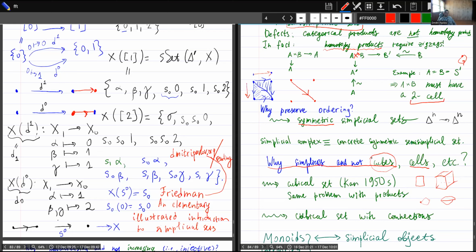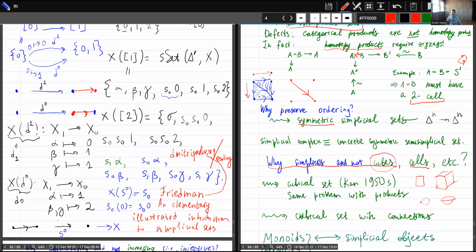But ultimately, this category has similar problems with products. Again, products don't work as expected. You can see it, for example, if you try to write down the categorical product of two intervals, it's not going to look like a square.